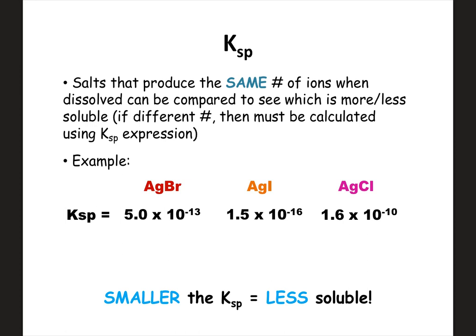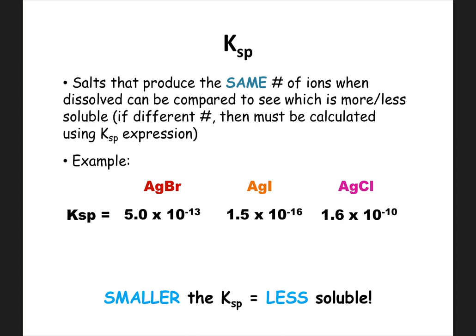So if we're looking at these three compounds here, AgBr, AgI, and AgCl, they would all three dissociate into 2 ions. So they all have an i value here of 2. That means they all have the same number of ions when they dissociate or dissolve. So we can compare Ksp values to figure out which substance is more or less soluble here. If you look at the actual Ksp values for each of these substances, we should be able to figure out which substance is the least soluble.